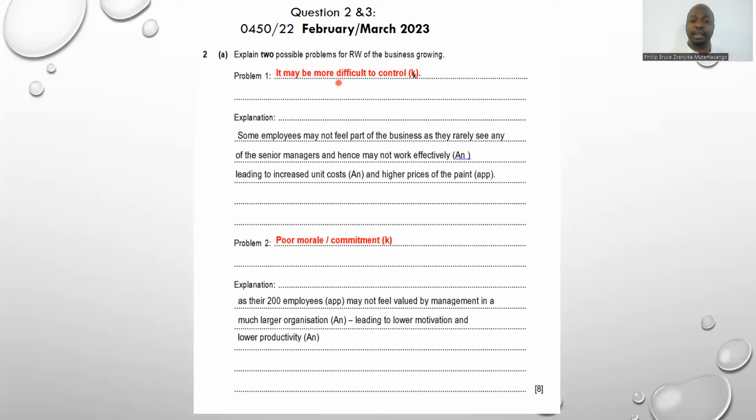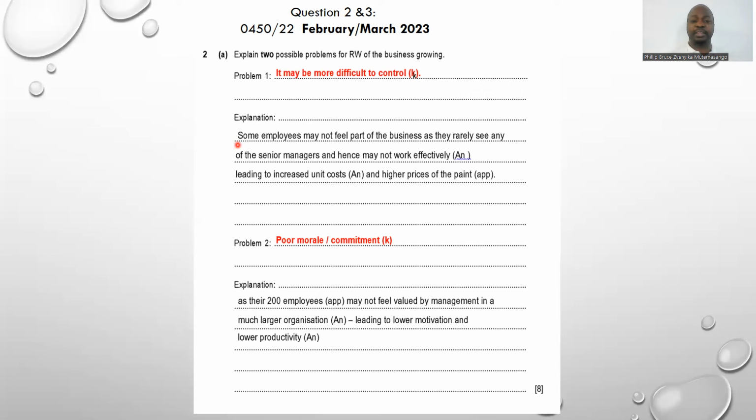So you must put across a clear fact showing how it is a problem to the business. Then you go on now to analyze the point. Some employees may not feel part of the business as they rarely see any of the senior managers and hence may not work effectively.